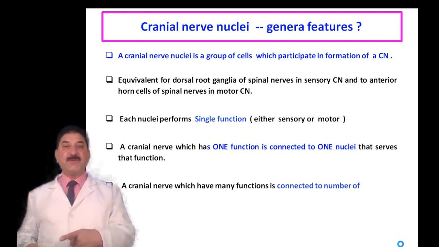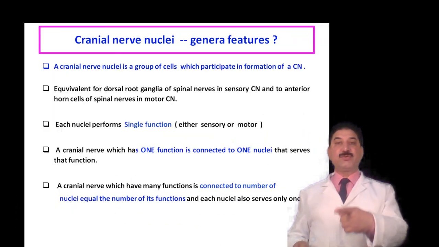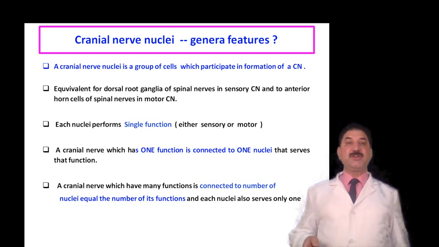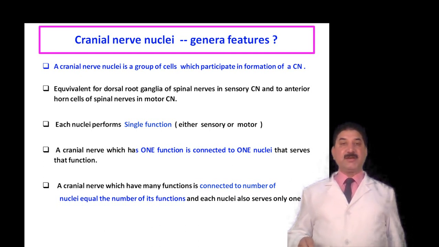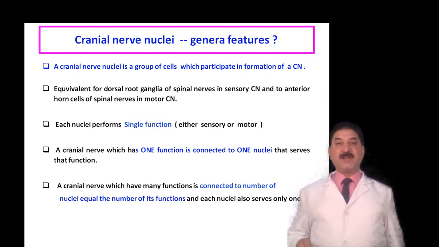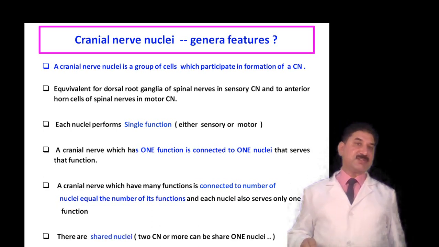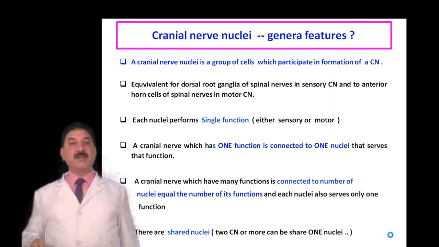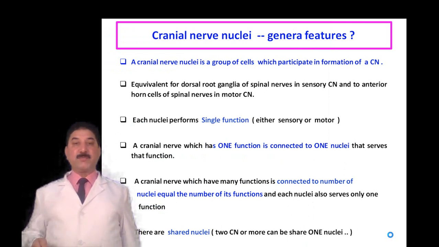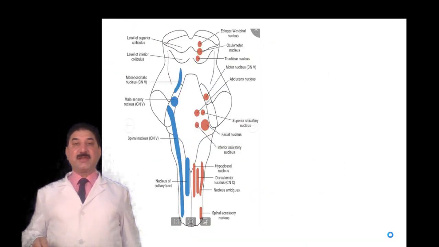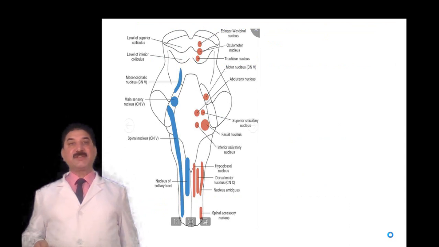Cranial nerves which have many functions are connected to a number of cranial nerve nuclei, equal to the number of its functions, and each nucleus also serves only one function. There are shared nuclei: two or more cranial nerves can share one nucleus.